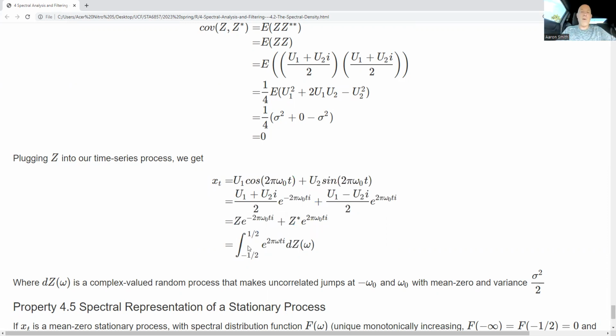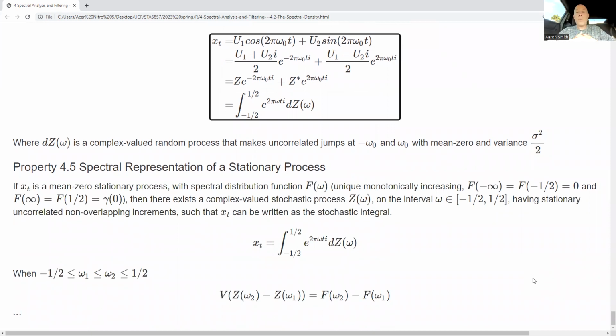That's equal to this special integral. All right. And so this Z of omega is a complex valued random process that makes uncorrelated jumps at negative omega sub 0 and omega sub 0, and has mean 0 and a variance of sigma squared over 2.